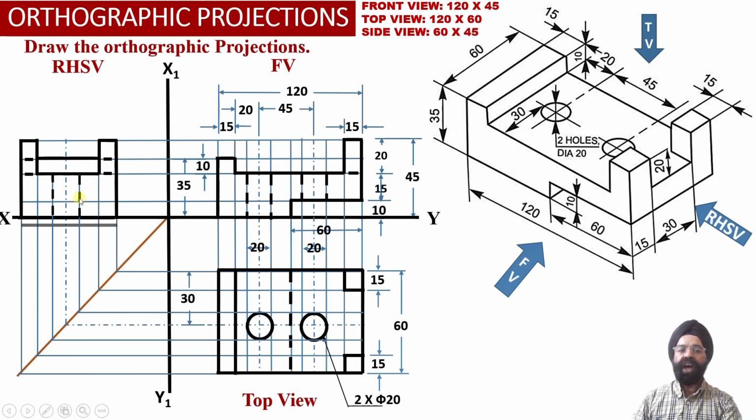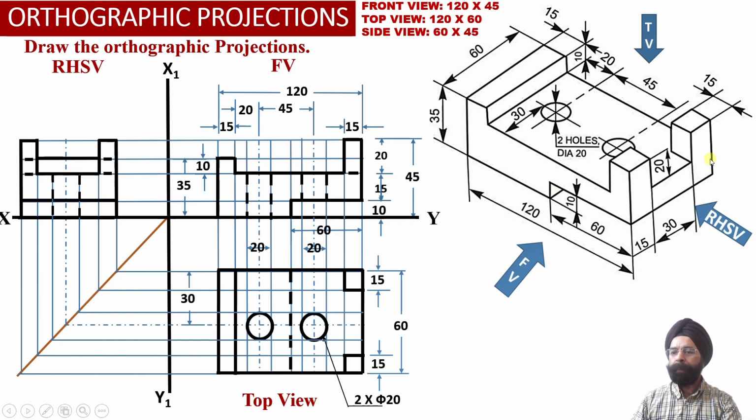Now another thing we can check, corresponding to this edge, again we are going to obtain the object line projections at a height of 10 millimeter from the ground over here, so that this face we are able to observe in the right hand side view as a true shape over here.